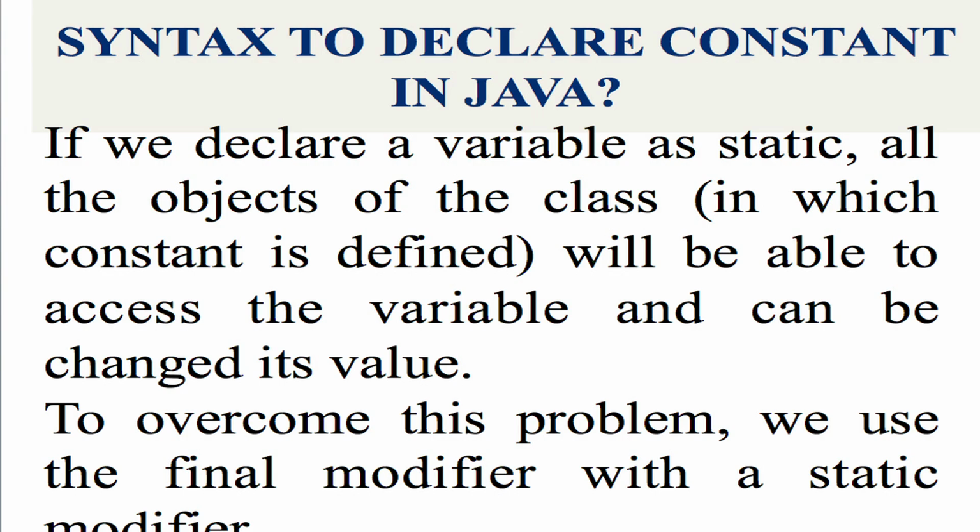To overcome this problem, we use the final modifier with the static modifier. To recover this drawback, we have to use static as well as final, both modifiers, with the variable.